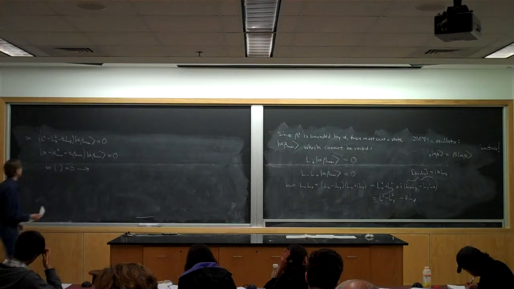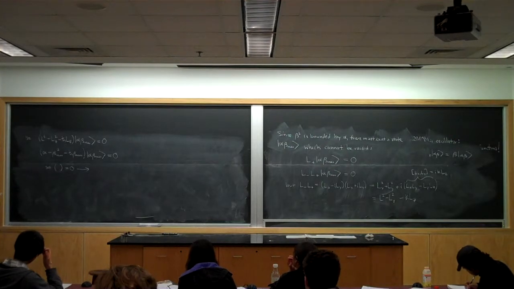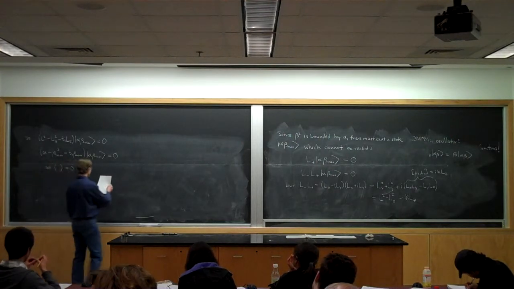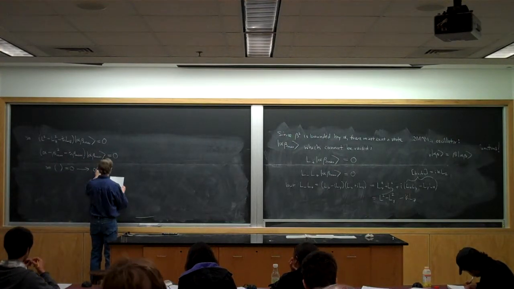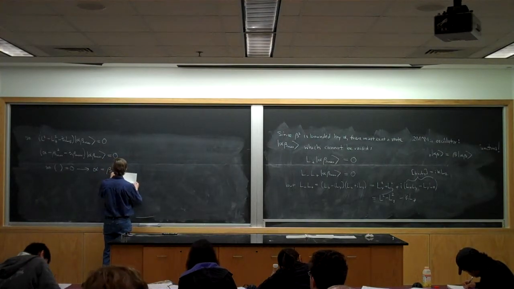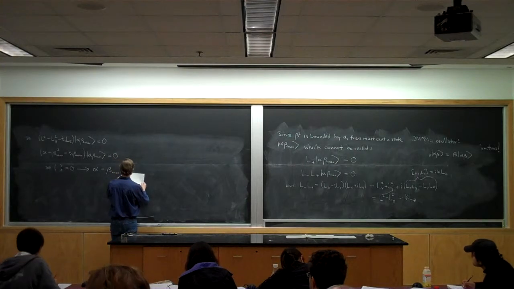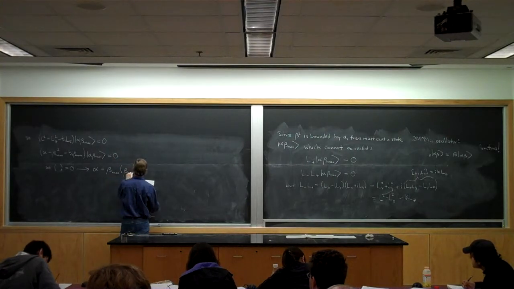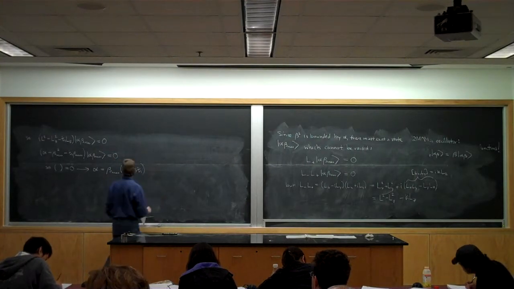So the stuff in parentheses has to be 0, or in other words, that says that α is equal to β_max times (β_max plus h bar).